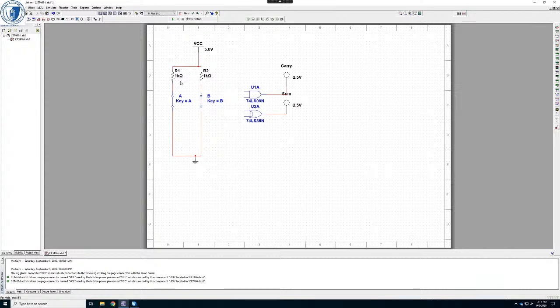So this sort of way of doing things is called a pull-up resistor, right? When there's nothing else happening on this side, the voltage here and here gets pulled up to whatever the voltage supply is. Okay?